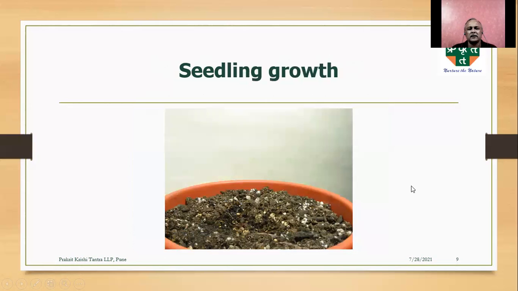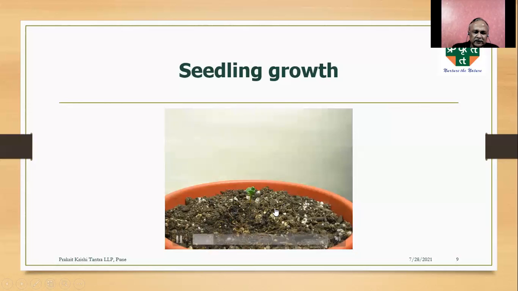You can see here the germination is happening above soil. Here you can see it is coming out, and slowly the seed coat, this black color, will just open up and fall down, and further leaves will continue to grow.